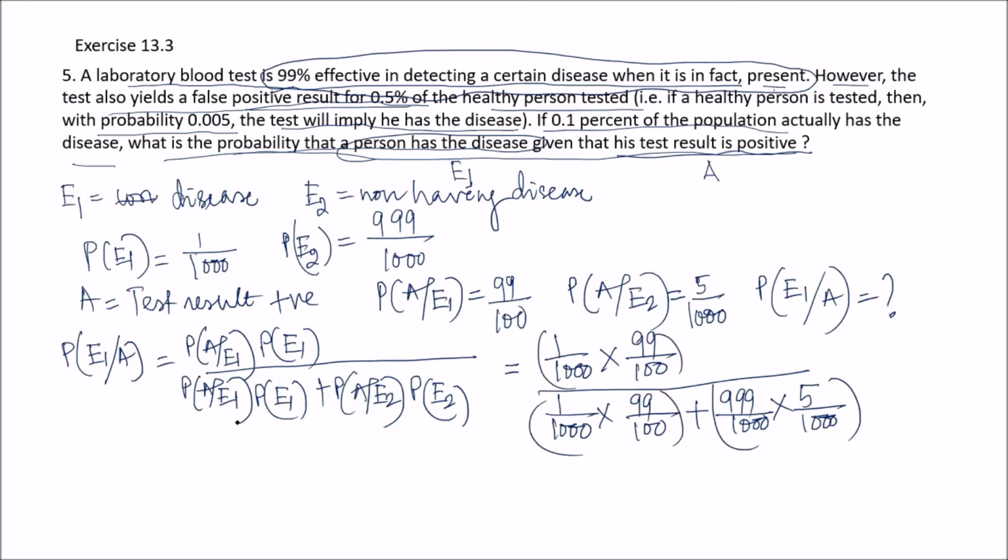So 1 by 1000, I can take common and cancel. By 100 also I can take common. So 1 by 10,000, 99 upon 99 plus, how much will it be? It will be 5955.